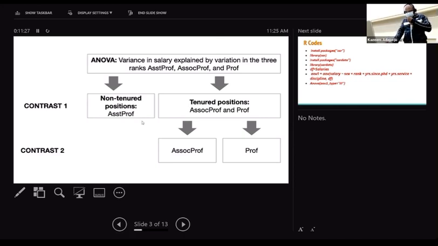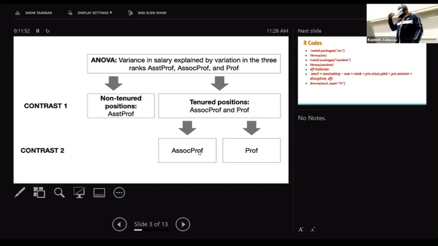In the other contrast, I want to see, within the tenure track, whether there's a significant difference between the salaries of the associate professor and professors. These are the 2 contrasts that we want to consider.